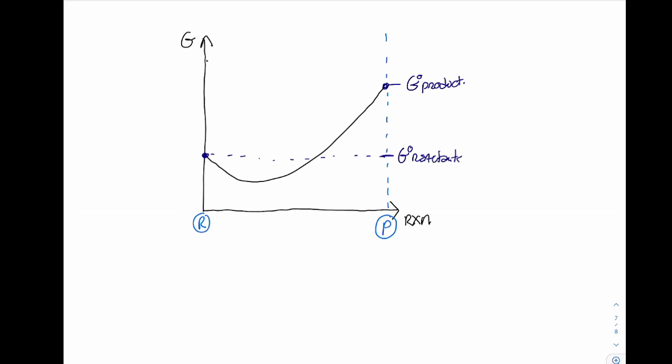And then again, the difference between these two is going to be my free energy change. It's always going to be products minus reactants. This time, because my products have more energy, right? They're higher up on the graph than my reactants. We're actually going to end up with a positive value. So delta G is going to be greater than 0. It's going to be a positive value.